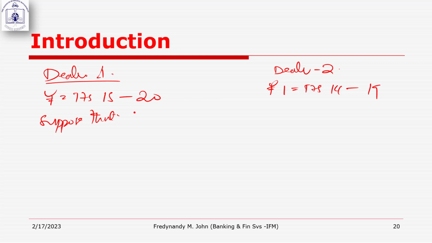Suppose that we have a bank customer who wants to sell 200,000 Japanese yen. This was the first customer.